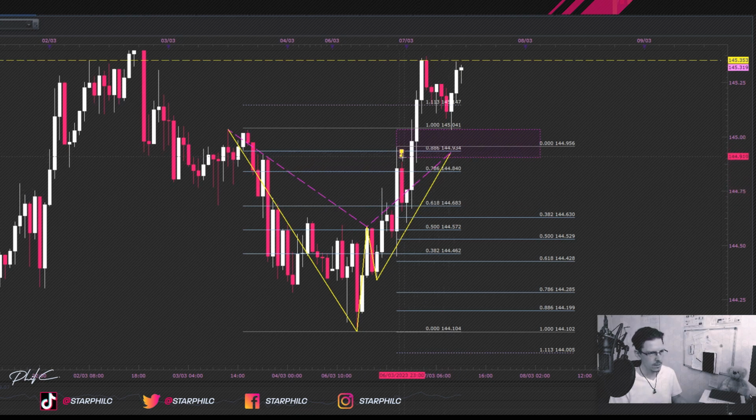We came in, identified the trade opportunity, we sold at the 886, and then price action came down right there and then touched the 382, which was our target one. What did we do? We took off half of the position.